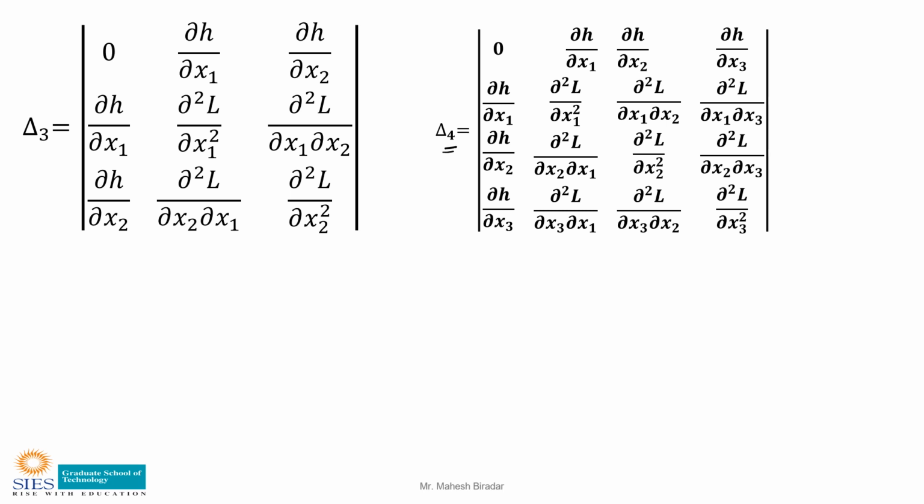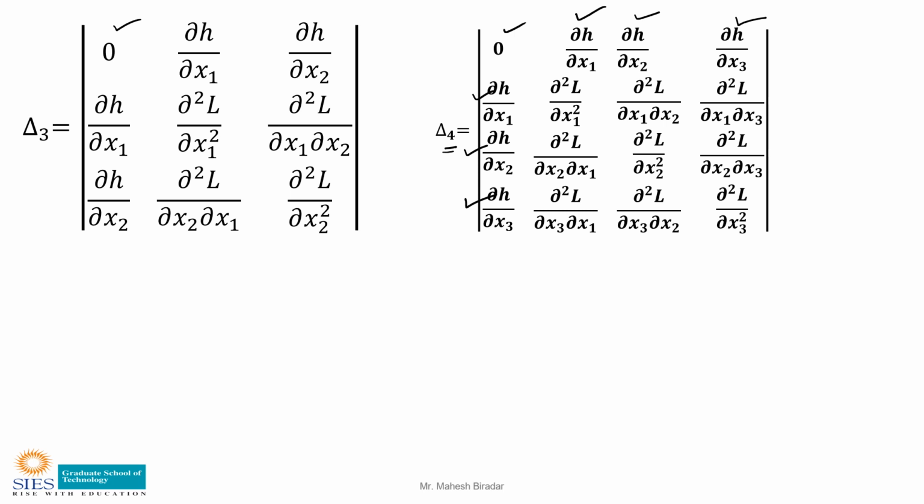So first row, first column is 0, as we have seen in the two variable method, delta 3. Then next we have to differentiate h with respect to x1, x2, x3, and write the same elements column wise, because this is a symmetric matrix.